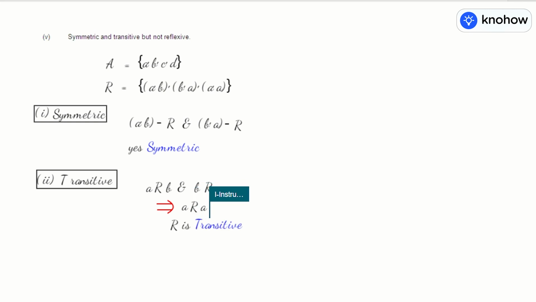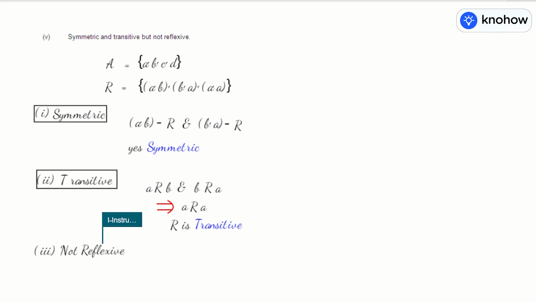Now let me check the last case. We have already proved that it is symmetric and transitive. We have to prove, making a correction, that it is not reflexive.